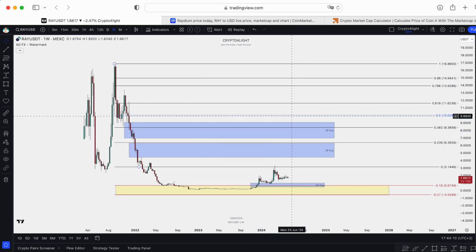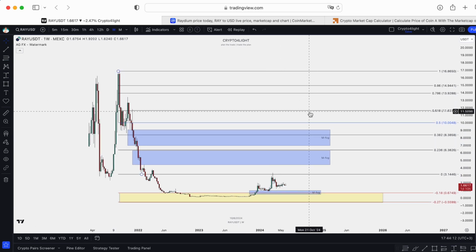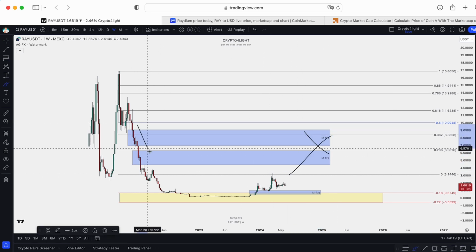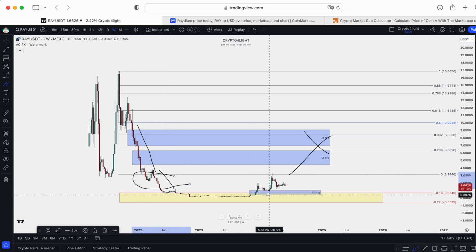We can pump and the market makers can distribute their tokens. Of course, sooner or later, I guess, we will go and close all these gaps because of order flow. This is order flow. This is a local order flow, and we bounce and close this order flow. We get a bigger one. So this is how it works.